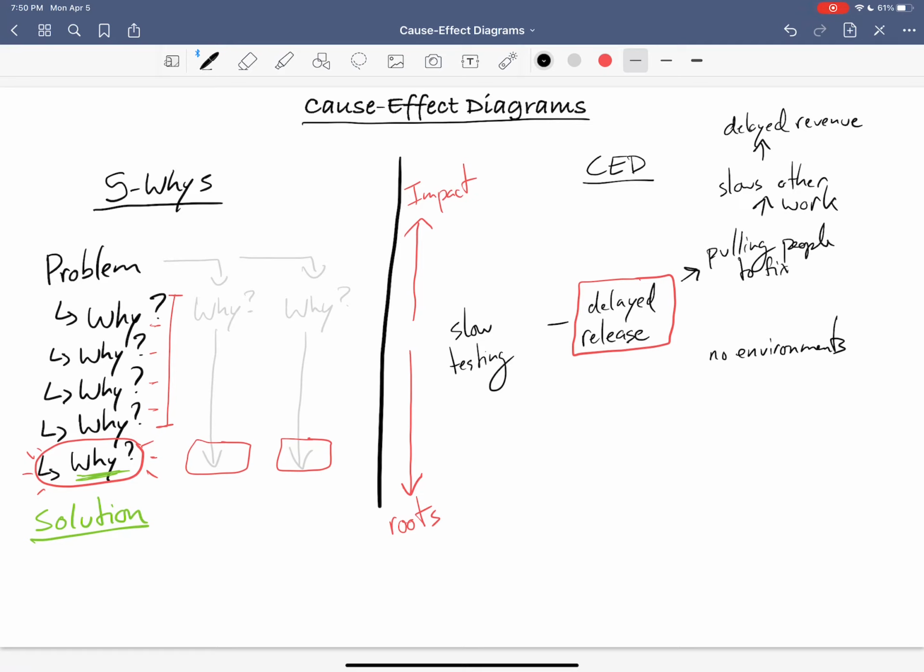Slow testing could be related to manual testing. Maybe there was a bottleneck of skills, so specialists. And lastly, it could be something related to too much scope.